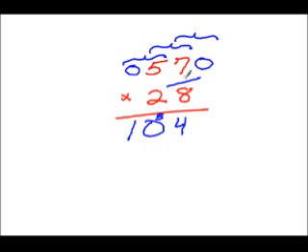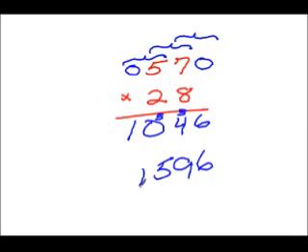Cross multiplying, I'll have 2 times 0 and 7 times 8. 2 times 0 is 0, 7 times 8 is 56. Put down my 5 and my 6. Rewrite my number, 6, 5 and 4 is 9, 5 and 0 is 5, and 1. 1,596.